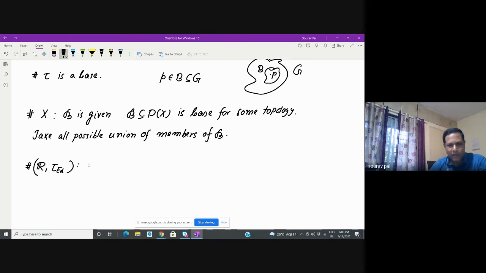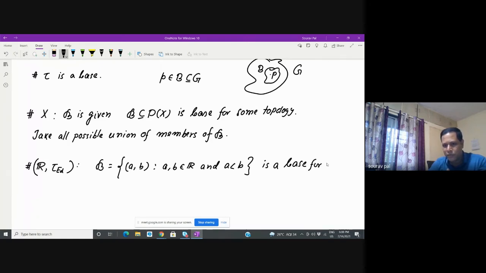We all know that if we collect all open intervals (a, b) such that a is less than b, then it forms a base for this topology.